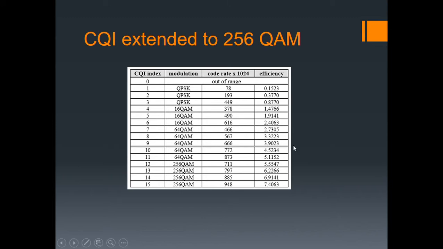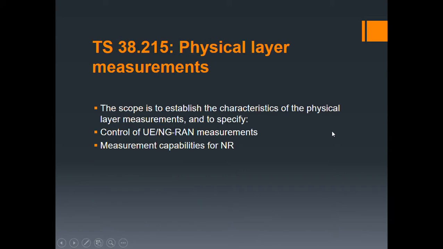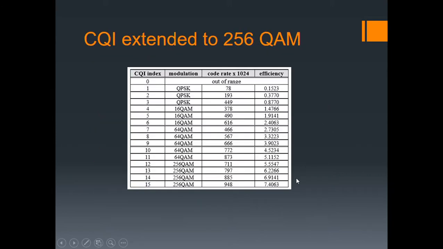This is the 256 QAM CQI table, where you achieve spectral efficiencies of 7.4. That's a CQI index 15. What it means is that one symbol can be converted into 7.4 useful bits. That is the meaning of spectral efficiency.